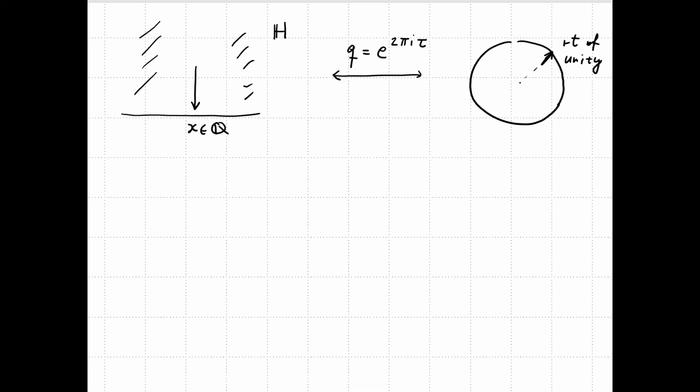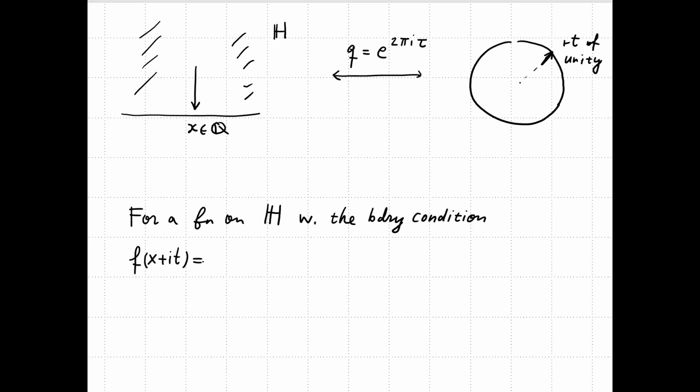And so for a function on the upper half plane, now I'm making things more precise, with the boundary condition that it's finite as t goes to zero, for all x, then what we can do is define a function on the rationals.